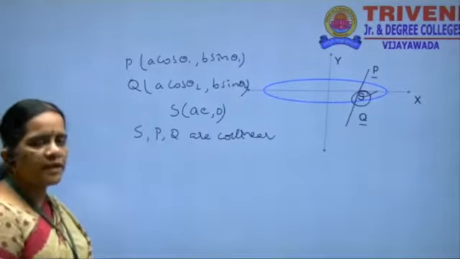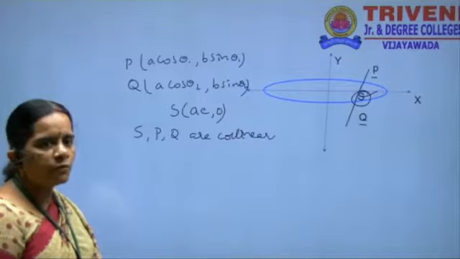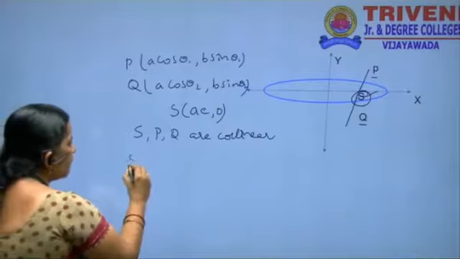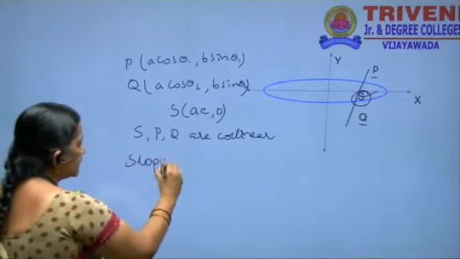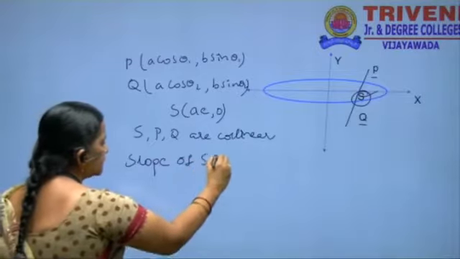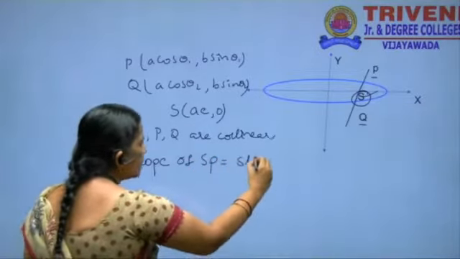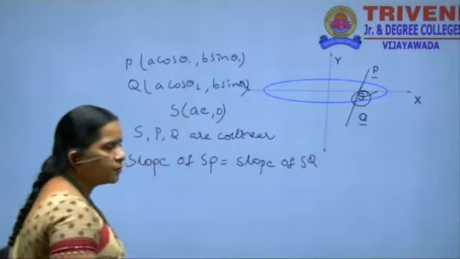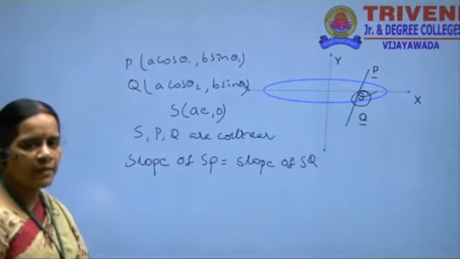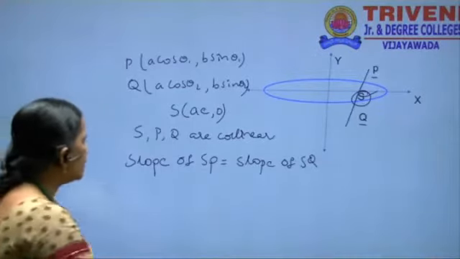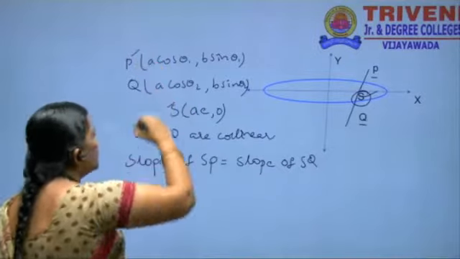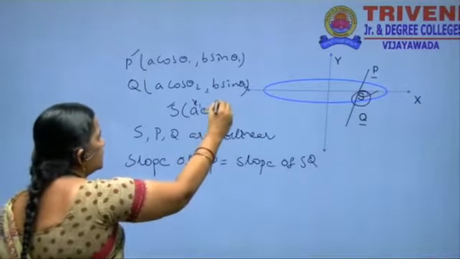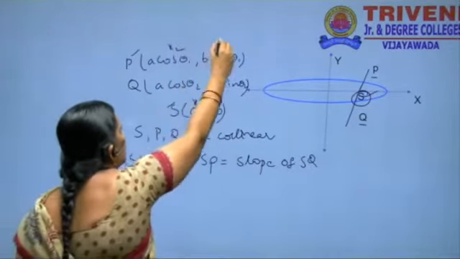The concept of collinearity of three points is: slope of SP is equal to slope of SQ. Already you know the formula of slope: slope is (y2 minus y1) by (x2 minus x1). Slope of SP: here it is S, which we write as x1, y1, and here it is P, x2, y2.